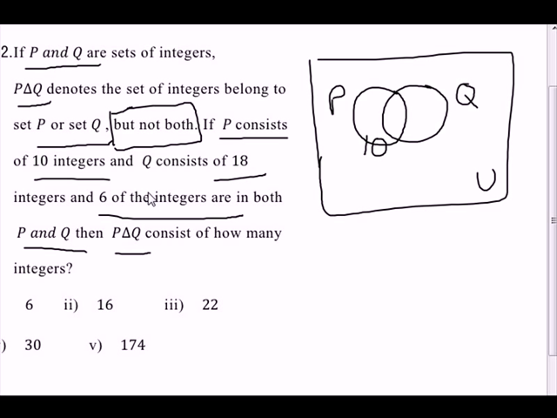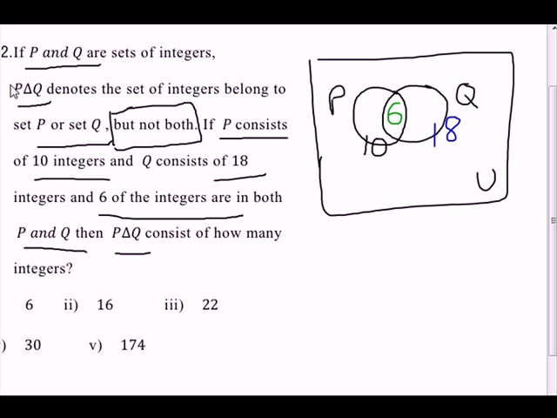Q consists of 18 elements, so let me put 18 on the edge here, and 6 are common, they are in both P and Q. So let me put 6 elements right in the middle. So the area in the middle represents the common area between P and Q. So now we've put all the information from the question into this Venn diagram.